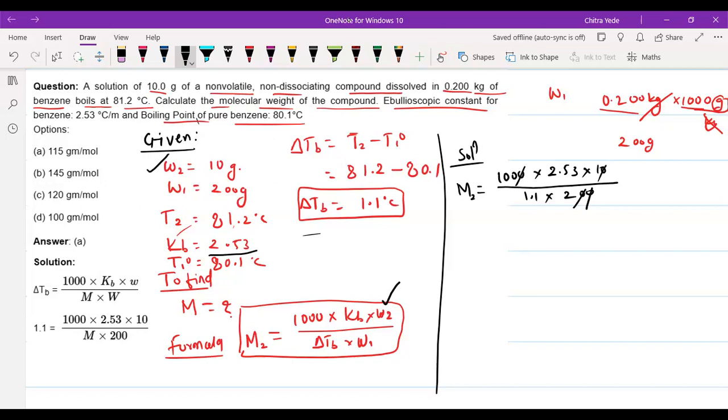Now if you multiply 100 into 2.53, it will be 253, divided by 1.1 into 2, which will be 2.2. Or we can write M2 equals, now we don't want to have that point with us.